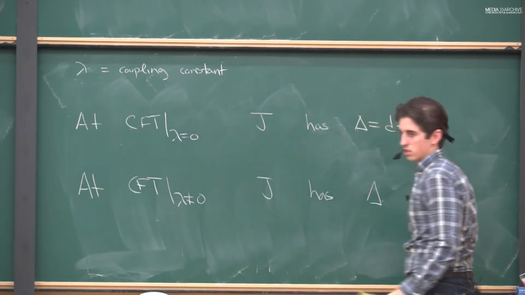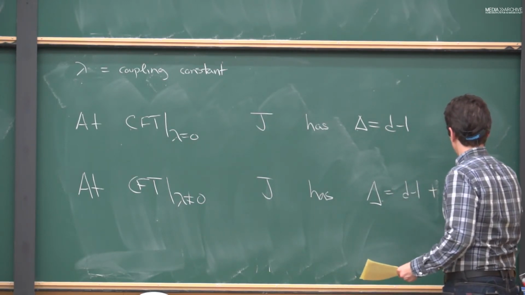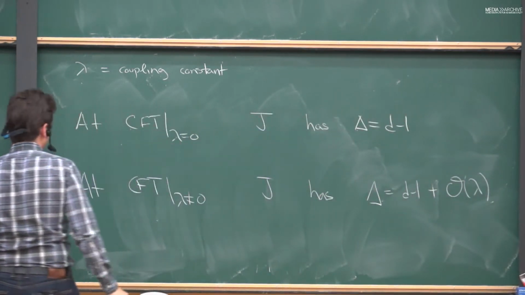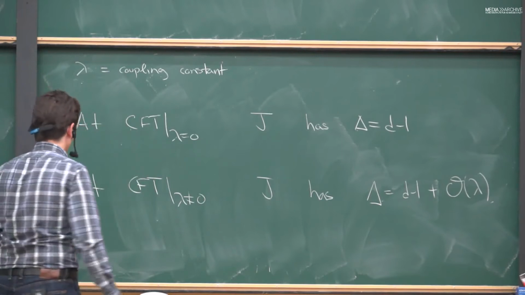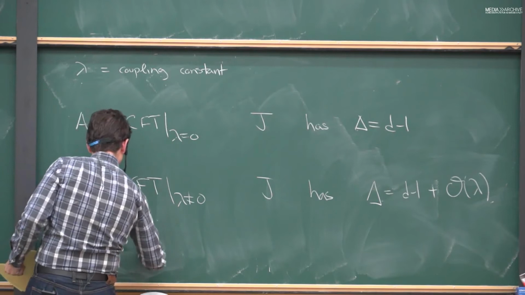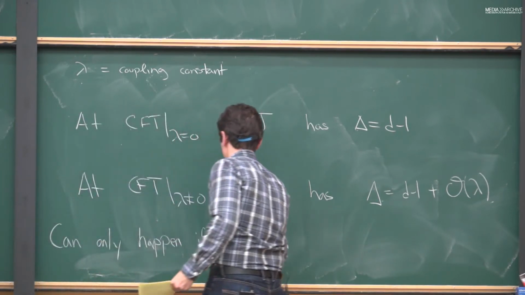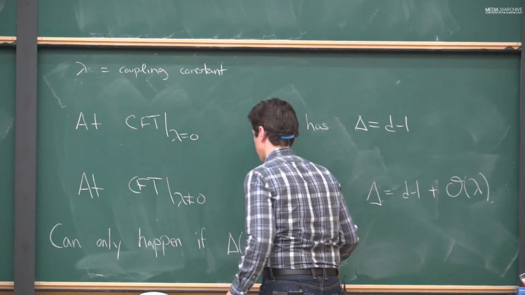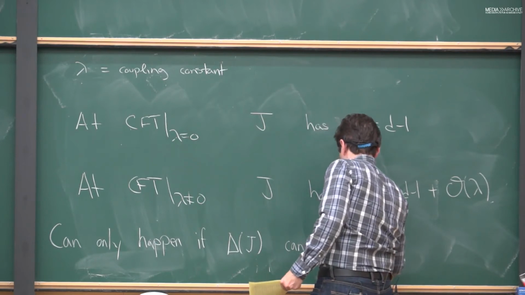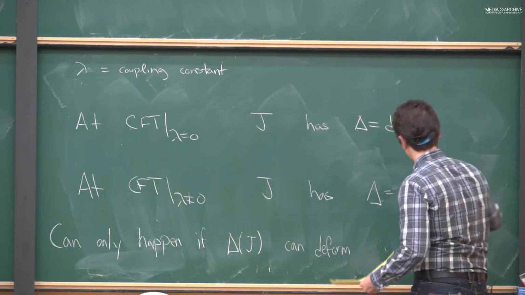If it has this dimension, it's conserved. So it has dimension d minus 1 plus something of order lambda. So this hypothetical can only happen if the scaling dimension of J can deform infinitesimally.